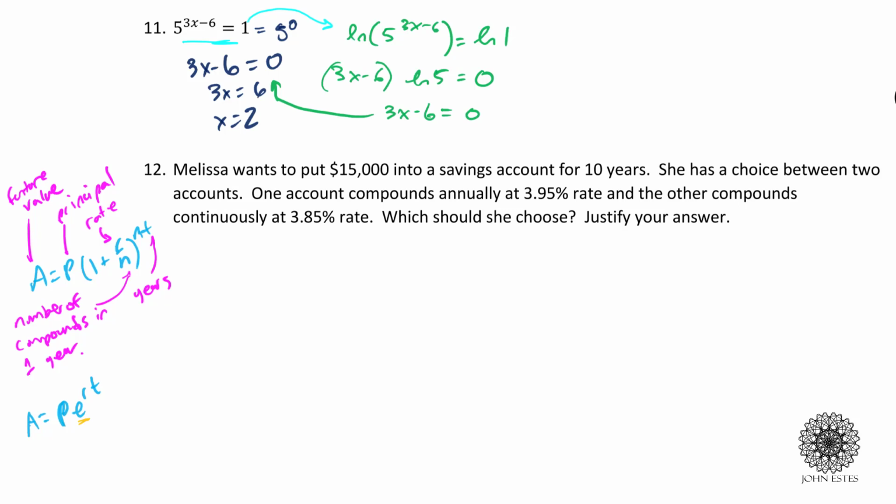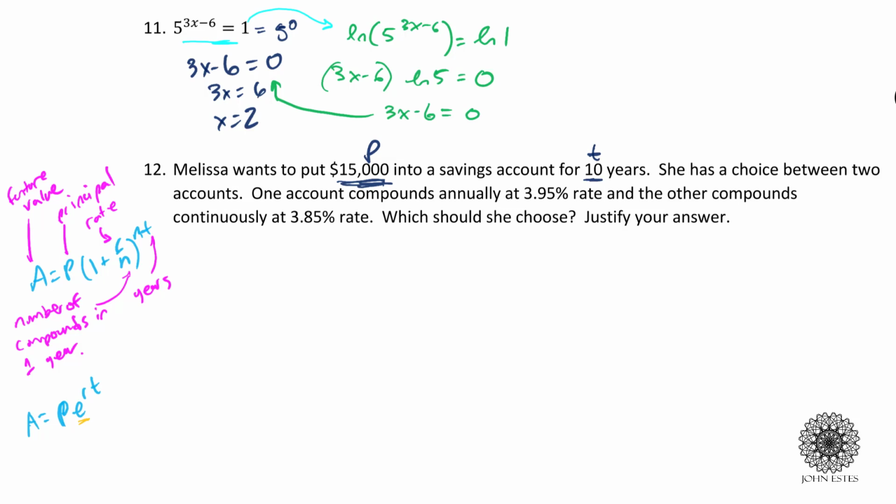Okay, so with that in mind, let's look at number 12 again. So she's going to invest $15,000. That would be how much? That would be my principal. Okay, that's what I'm starting with. And she's going to put it in for 10 years, so there's my T. All right, she has a choice between two accounts.